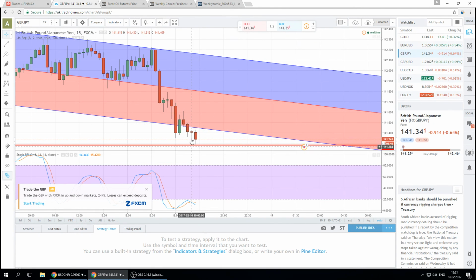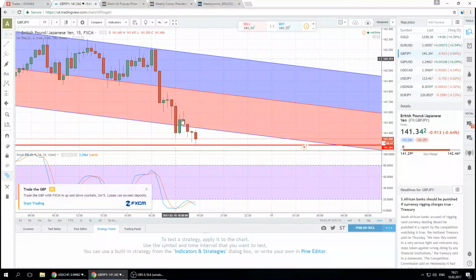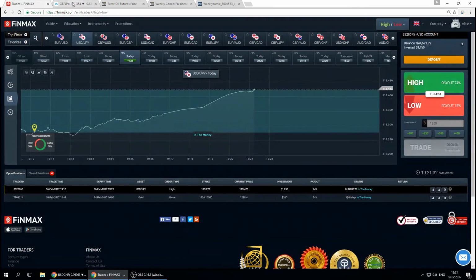The first trade that we opened expired out of money. So we opened the second trade in order to cover the losses of the previous one. The second one also expired out of money. So we opened the third trade, and the third trade expired in the money, bringing us profit.